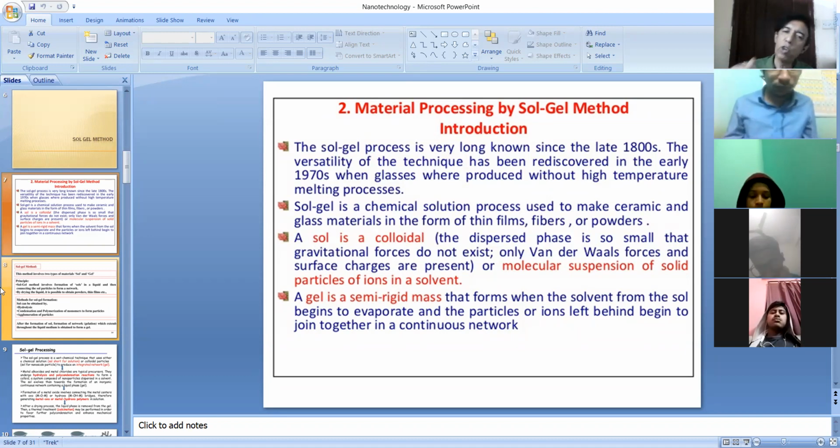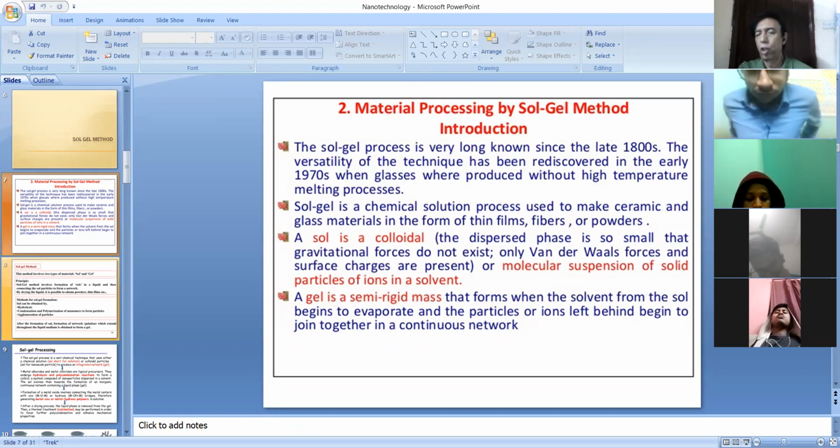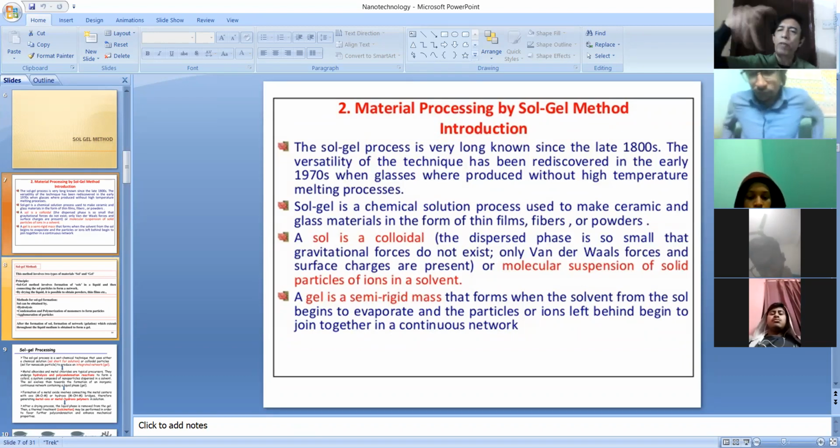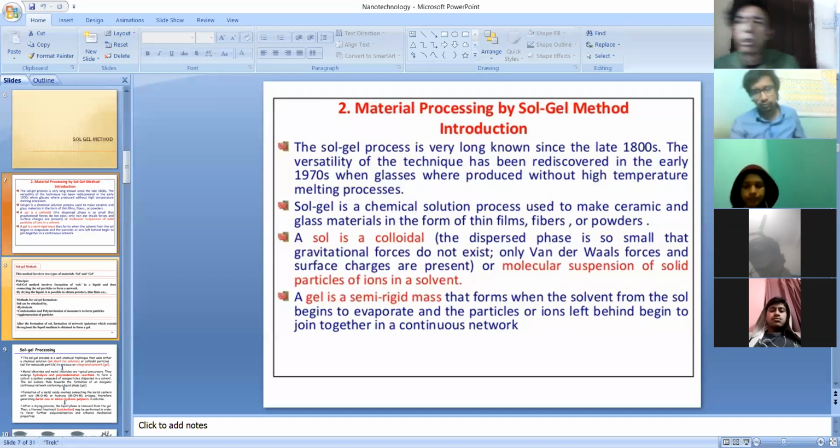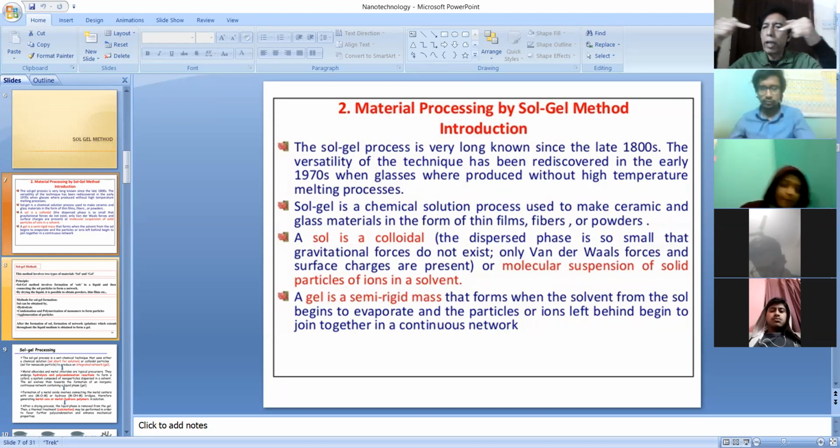And what is a gel? A gel is a semi-rigid mass that forms when the solvent from the sol begins to evaporate. So you have a colloidal solution, and you have evaporated the solvent. Or what can happen? The particles are condensed, interconnected with each other.